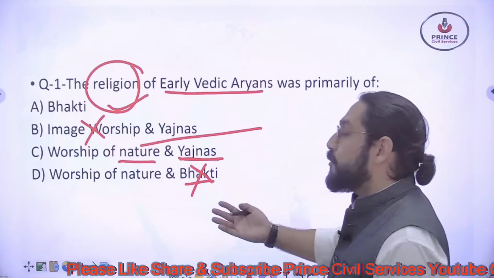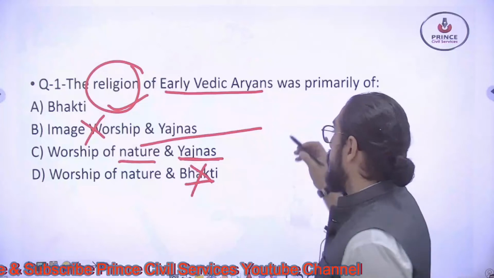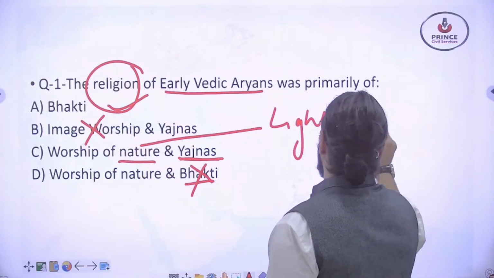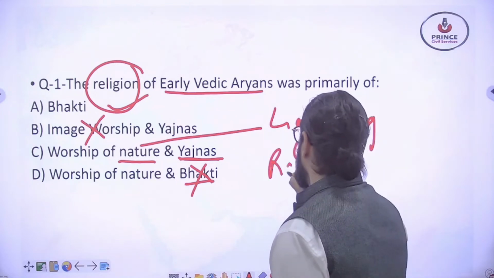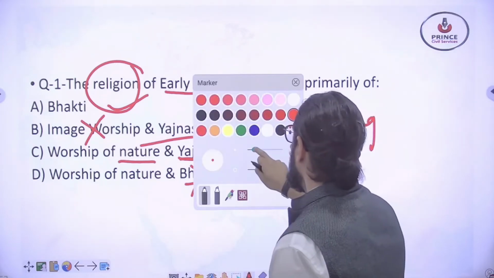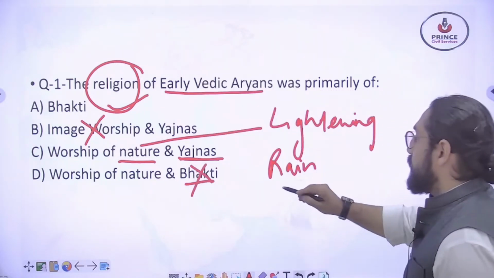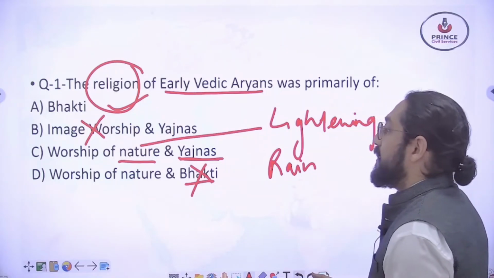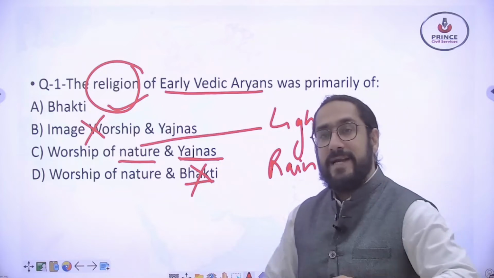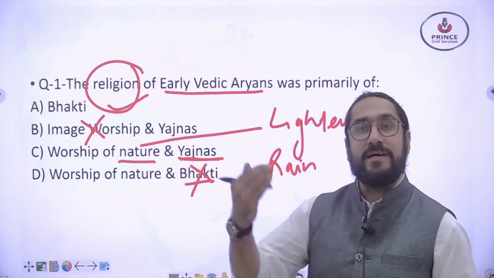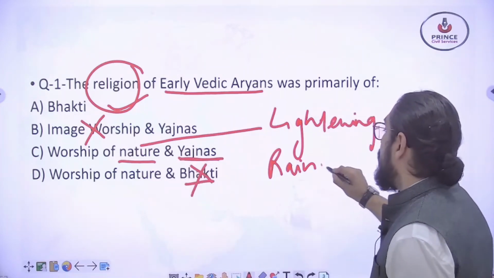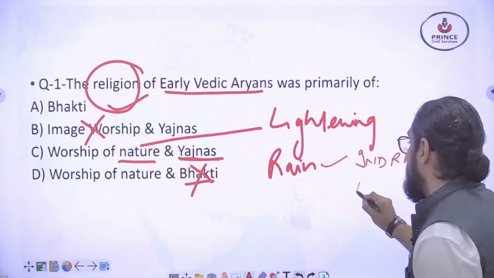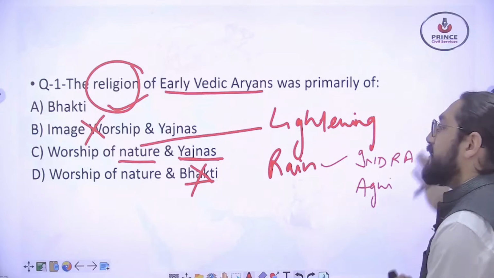When they were not able to explain any natural phenomena, whether it was lightning or rain, they treated it as related to some god and gave it the name of a god. So you have the rain god, that is Indra. You have the fire god, that is Agni, and so on.